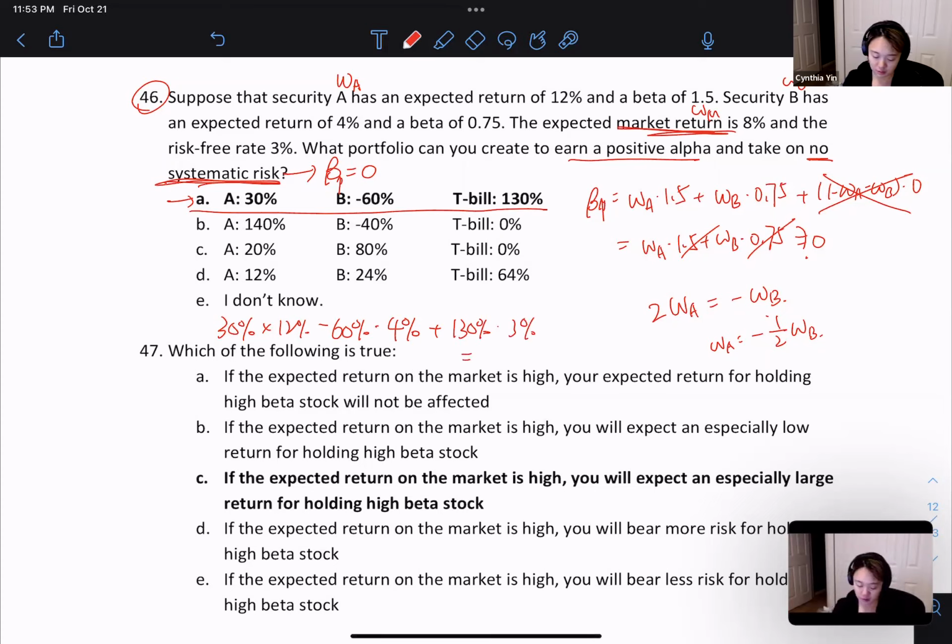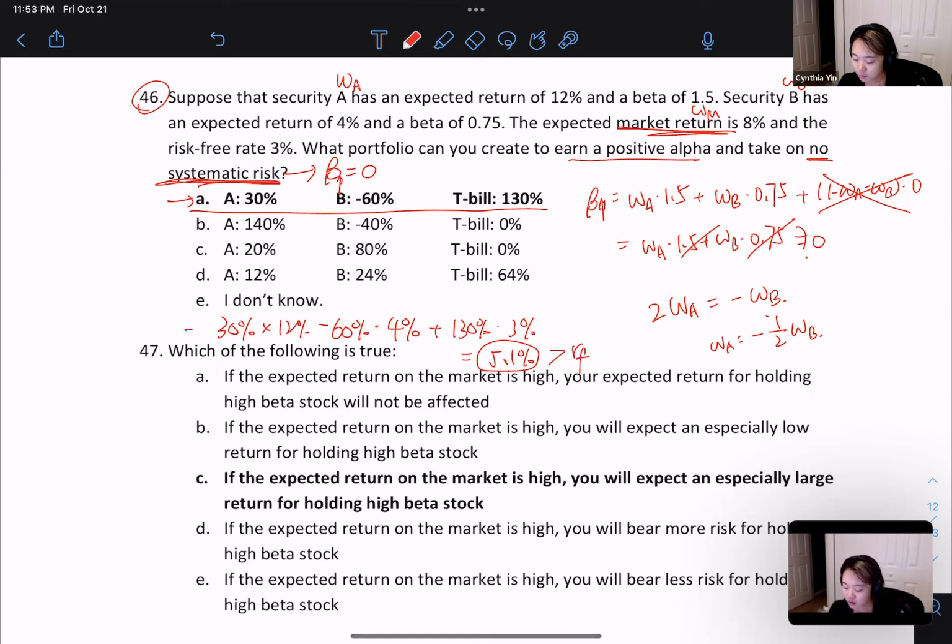It equals 5.1%. And do you see? This is greater than the risk-free rate.